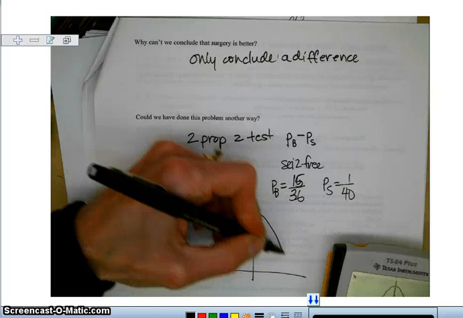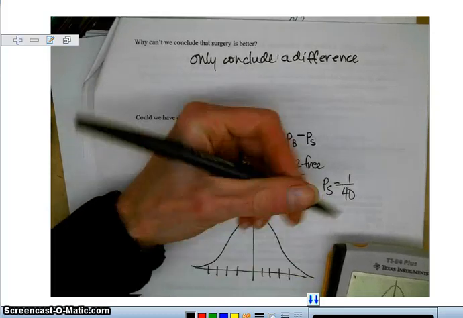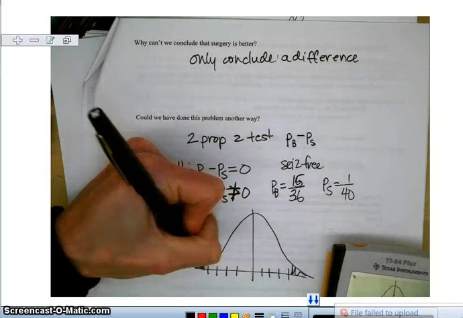And there's my picture. My z is 4.18, so basically here and here.